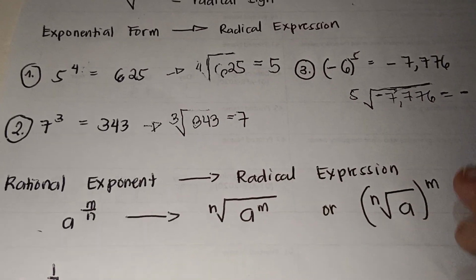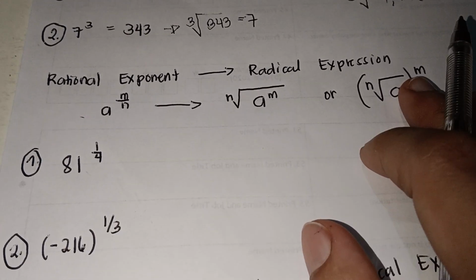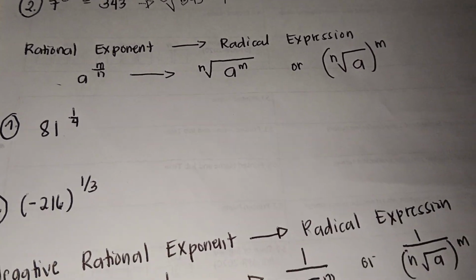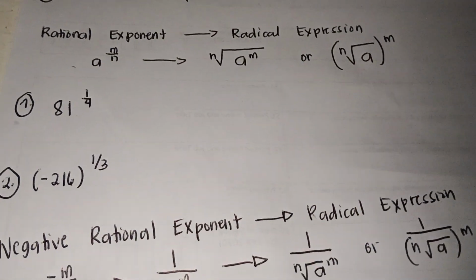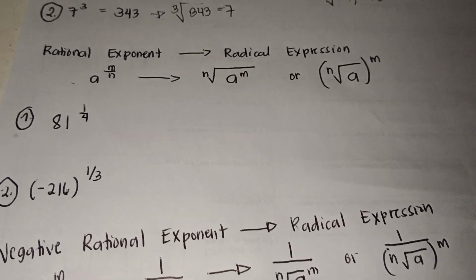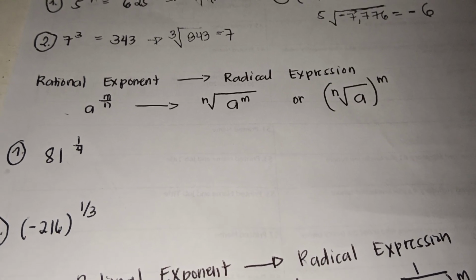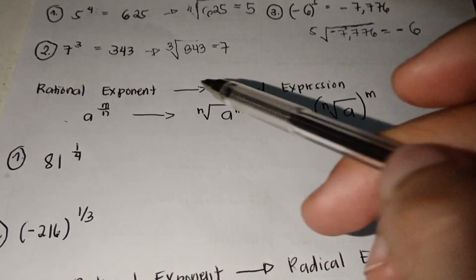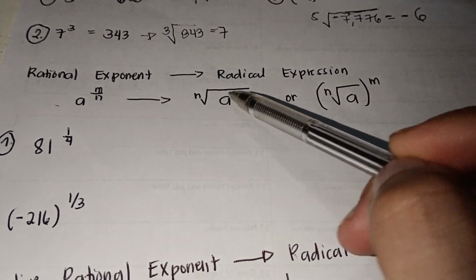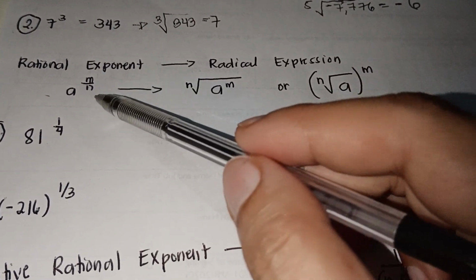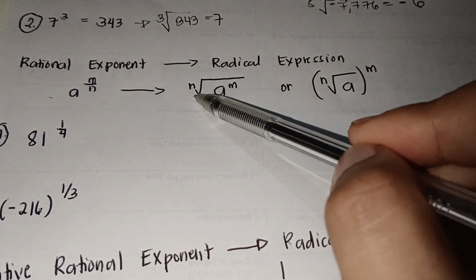Okay, so tapos na po tayo dyan. Next, this one is the rational exponent naman po. So wherein we have a formula to use. We have a raised to m over n. Then gagawin po natin siyang radical expression. So ang mangyayari po is the denominator serves as your index.